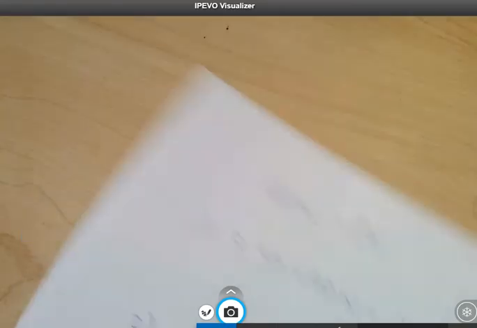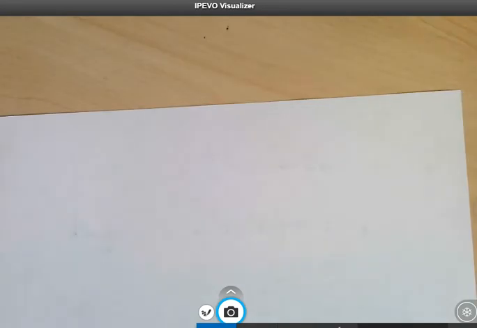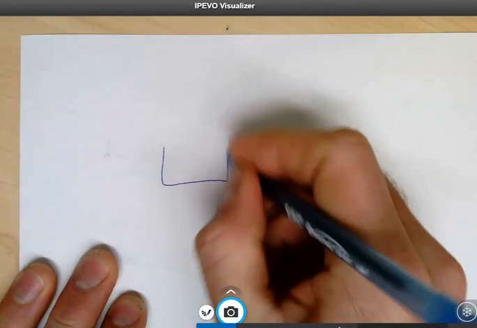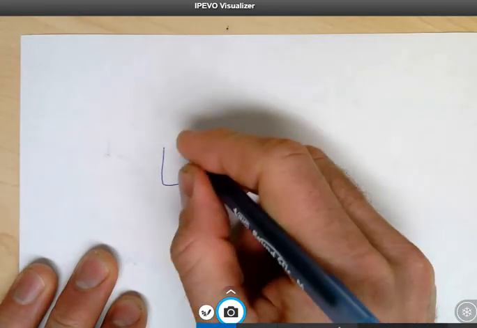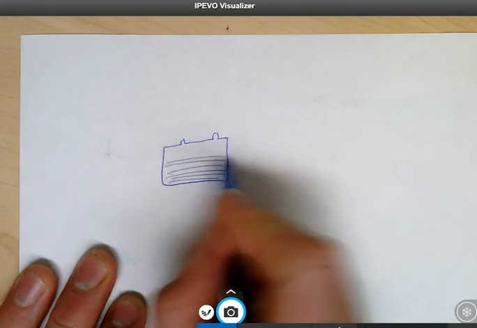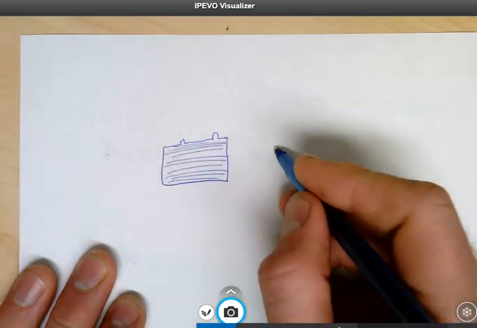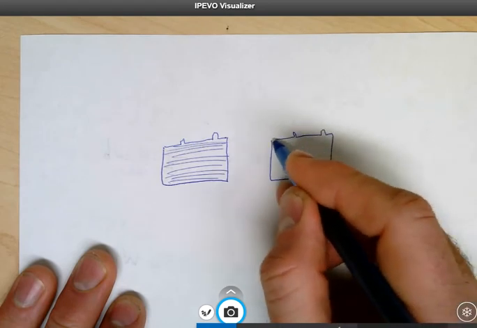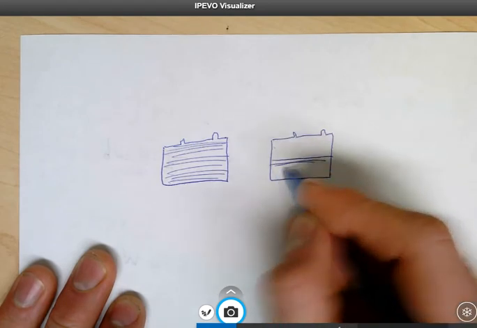I'll cut to the pen and paper here for a second. Just as a symbol, if this is my battery, I know this is just a crappy picture of a car battery or something like that. If the battery is totally full, then we basically don't want to go below 50%, right?